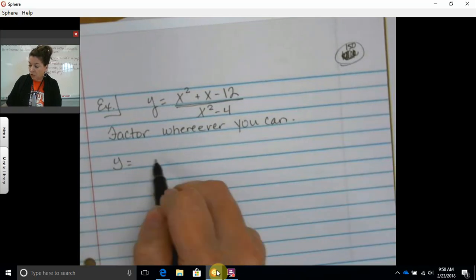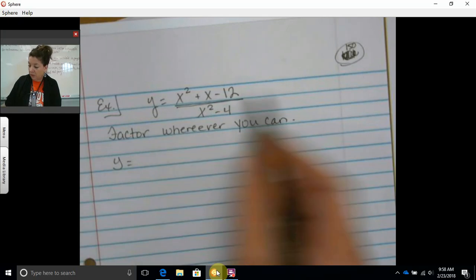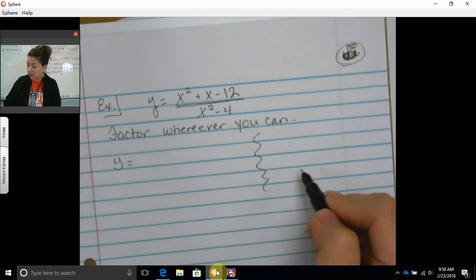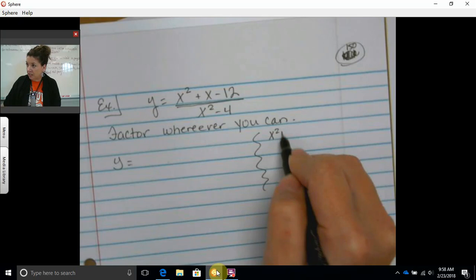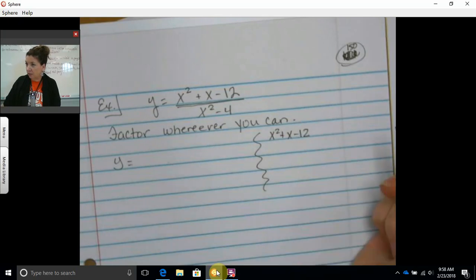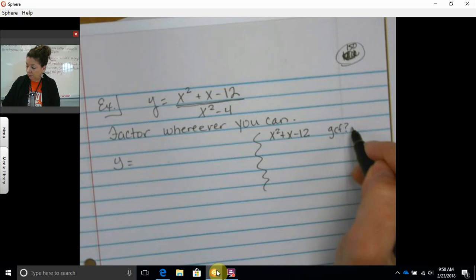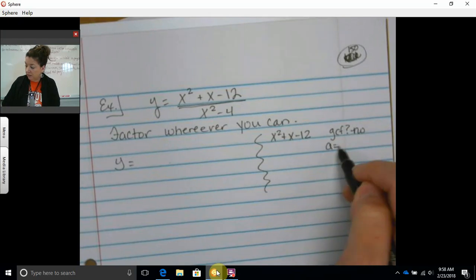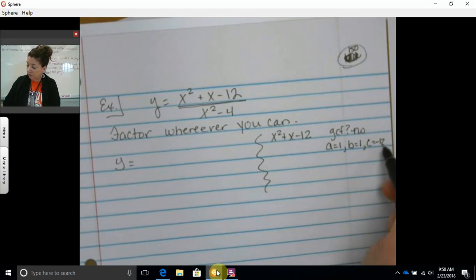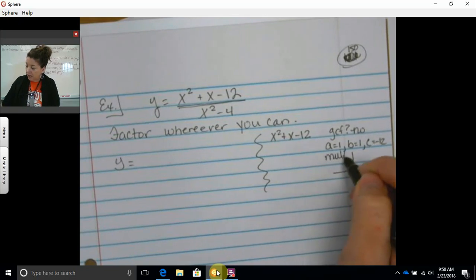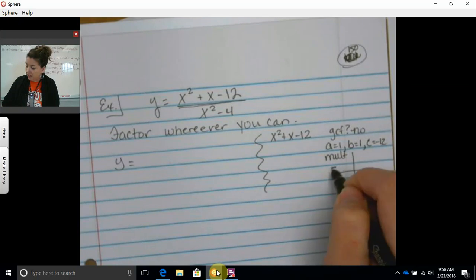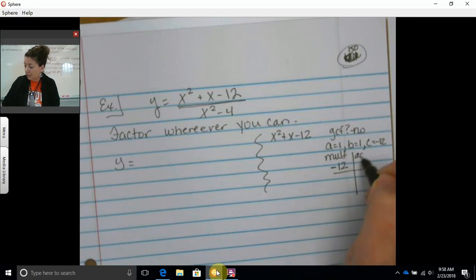So y equals, for x squared plus x minus 12, and I'm going to do a little workspace over here. x squared plus x minus 12. Is there a GCF? No. All right, A is 1, B is 1, C is negative 12. I need two numbers that multiply together to give me A times C, so that's negative 12, and add to give me B, which is positive 1.